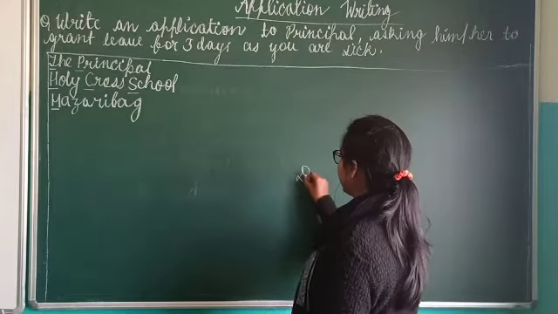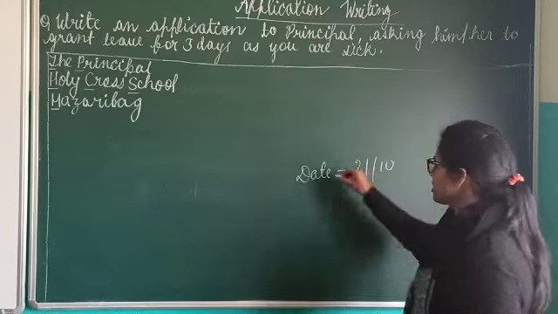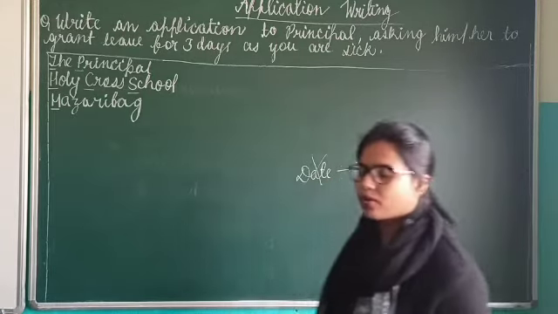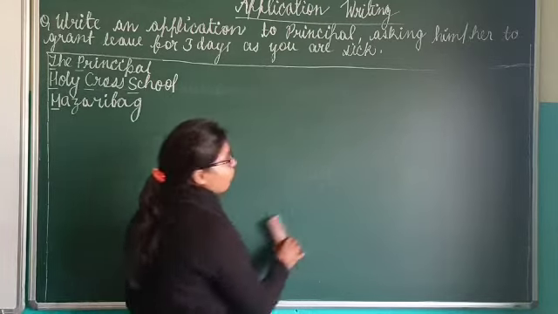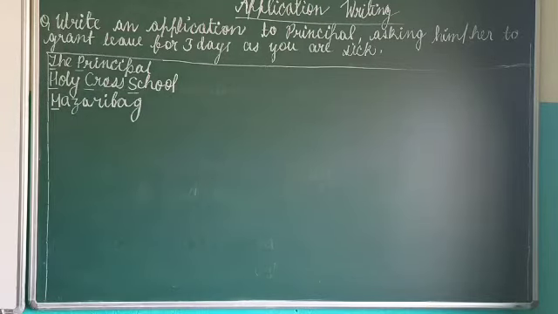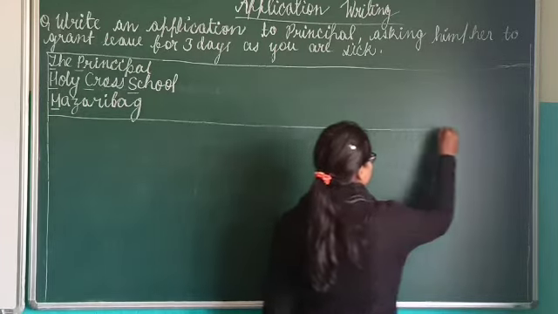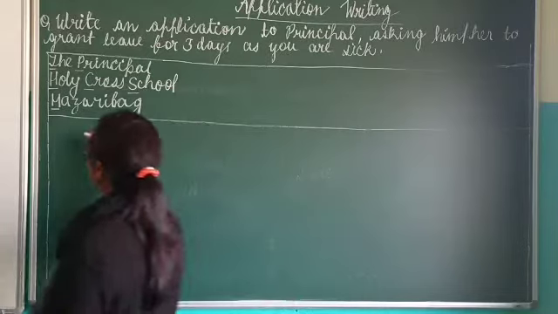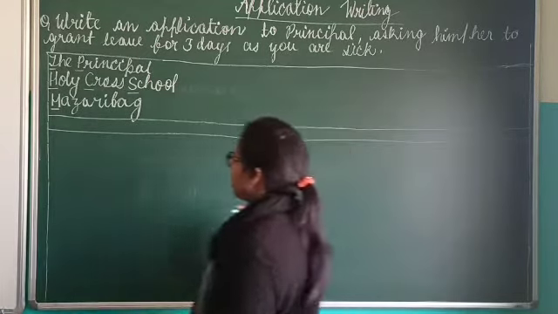Then, now after this we will be writing date. For writing date, you don't have to write date 21, 10 like this. This date should not be there. Okay, simply you have to write date, but before that you have to give one line space. So one line space will be there, then write your date.